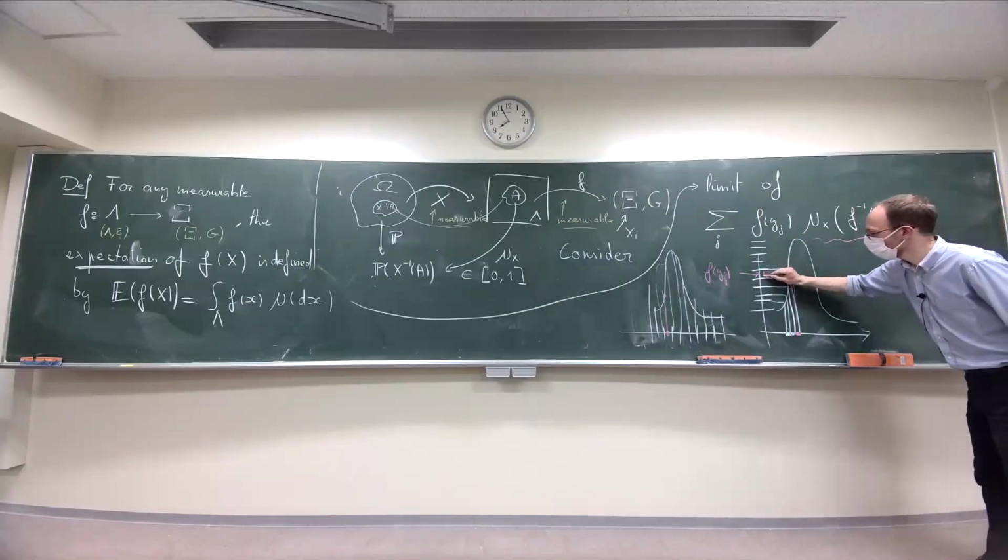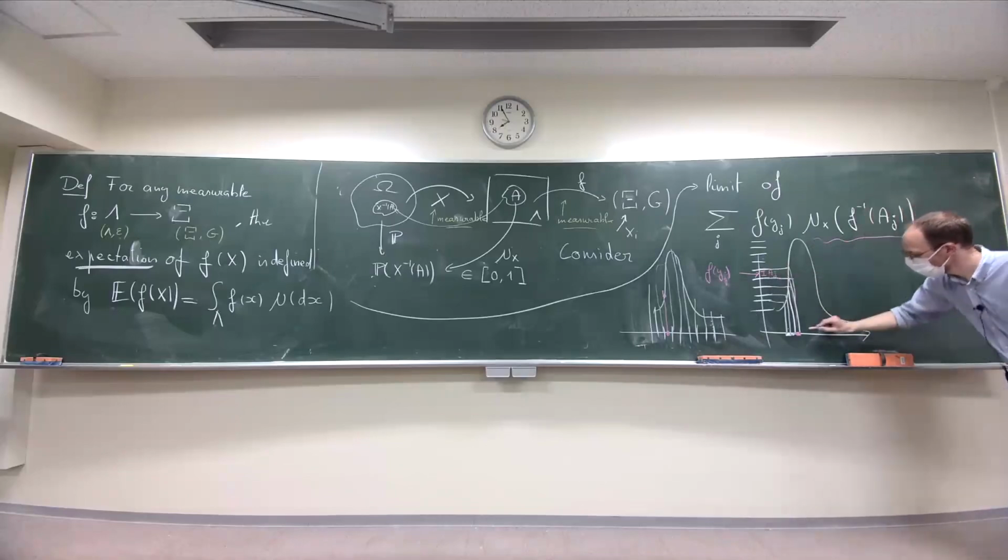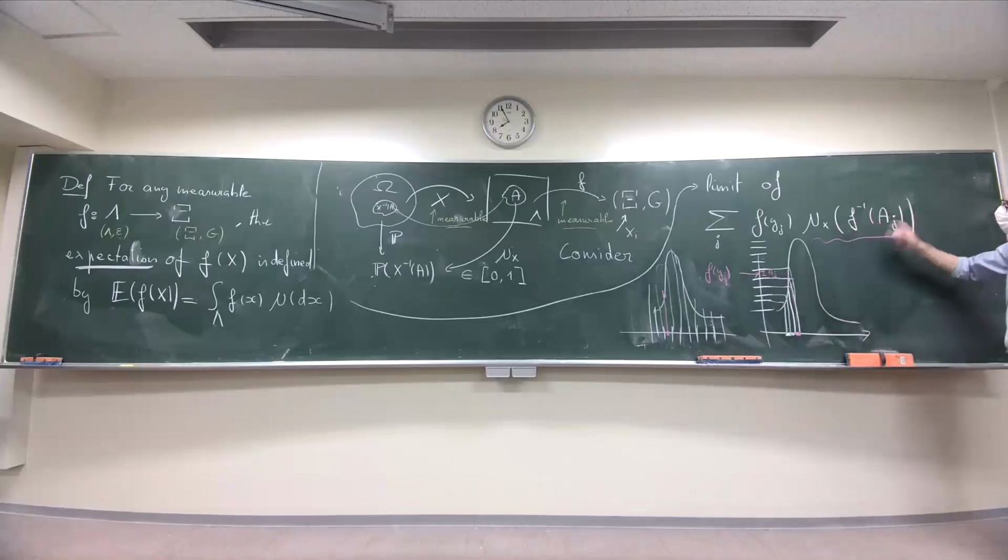This interval would be Aj, and you look at the measure of f minus 1 of Aj, and you do the sum.